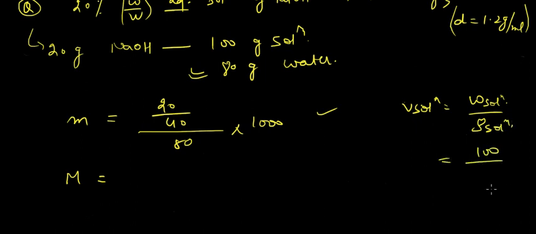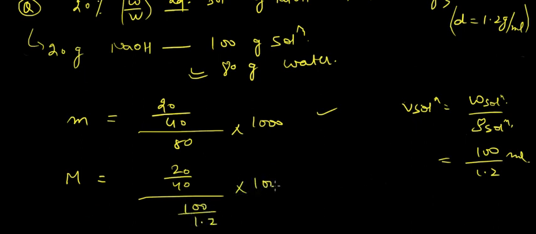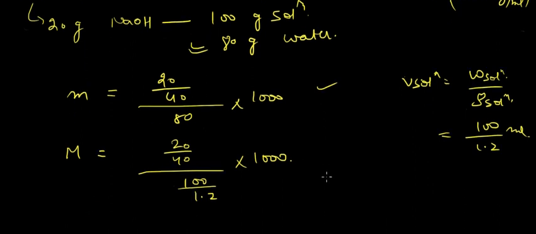Weight is obviously 100, density is 1.2, so this is in ml. Molarity would be 20/40 over volume of solution, into 1000. You can calculate the molarity from this equation. Obviously you can remove this point and have a 0 here, cancel the two thousands, then do the calculation.